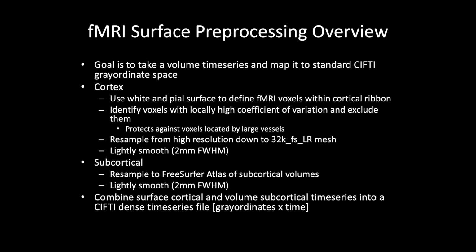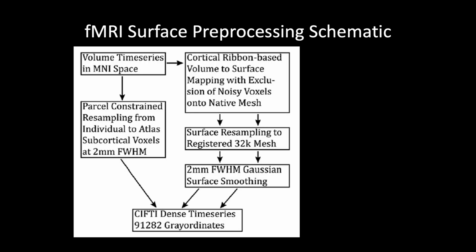This script will also, in addition to identifying these voxels or grayordinates, resample your image and apply a light smoothing to it. And then at the end, combine everything into this single file format.